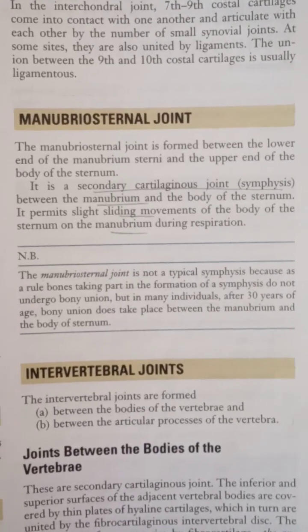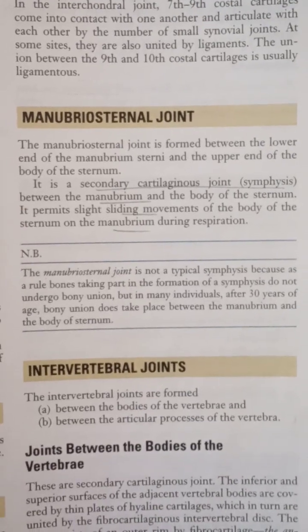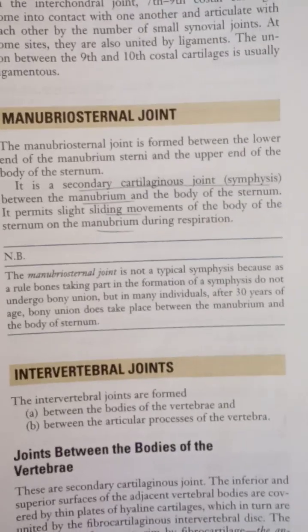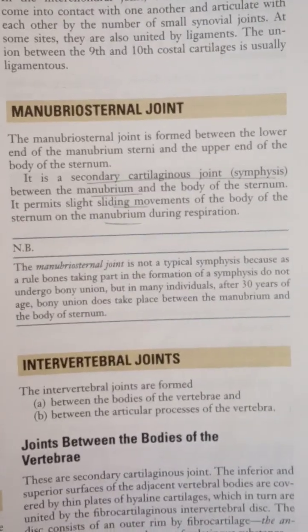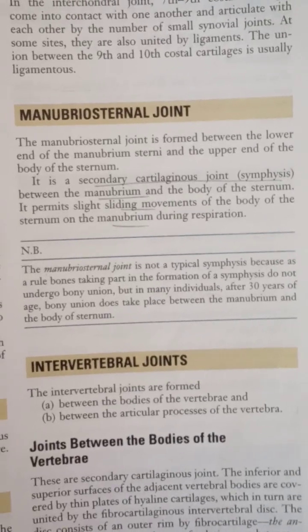After 30 years of age, you will see bony union between the manubrium and sternum. So only after 30 years does it act as a typical one. It is not typical before 30 years.